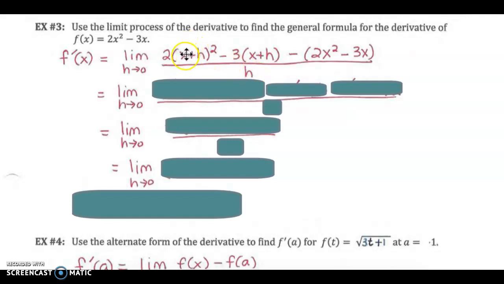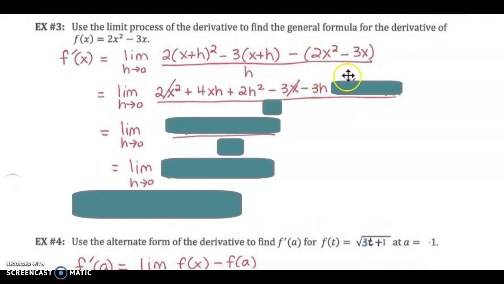So if we expand this x plus h squared and multiply everything by 2, we're going to get 2x squared plus 4xh plus 2h squared. This middle part gives us minus 3x minus 3h, and then minus 2x squared plus 3x. And that's still all over h. And so you can see we can mark a couple things out.